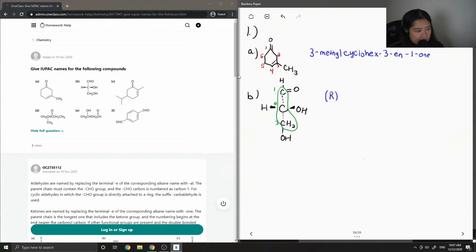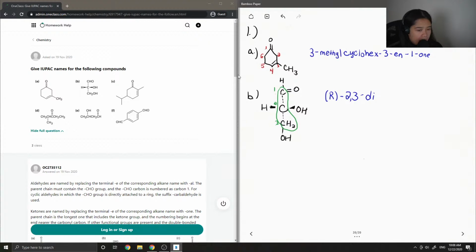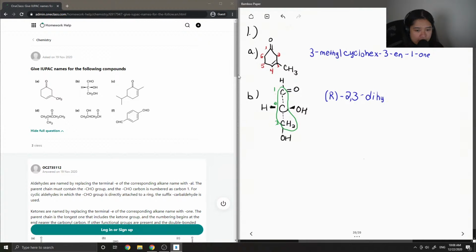So in terms of stereochemistry, this is an R configuration. And then the carbons with the alcohol groups are carbon 2 and carbon 3. So I'm going to write 2,3-di to signify there are 2 alcohols, and then hydroxy, and then propanal.